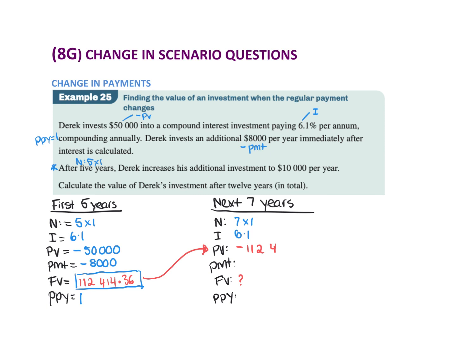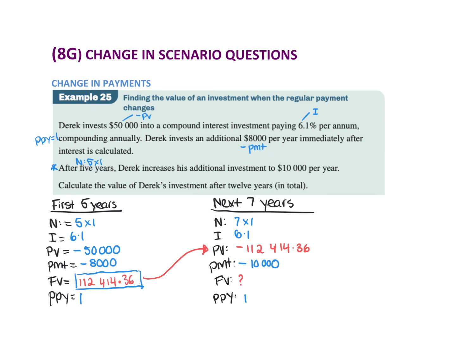So I'm investing that money into the bank, and now he's also making that payment, which is a little bit bigger, which is 10,000. And the final value is what I want to know, and PPY is 1. So this is what will happen. You'll take a final value, and it'll become your new PV.